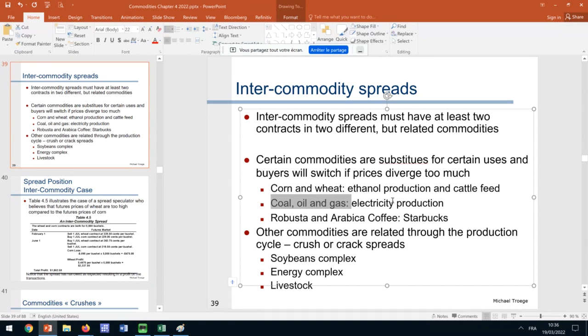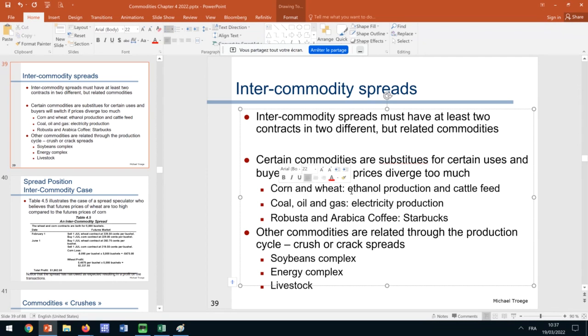Coal, oil, and gas: the price of these commodities depends on the electricity price in the US. If, for example, the coal price goes up, then it becomes cheaper to produce electricity with oil or gas, and that means demand will increase for oil and gas, and therefore oil and gas will also go up. So we have a co-movement.